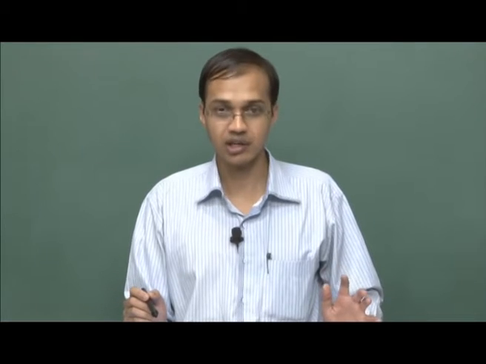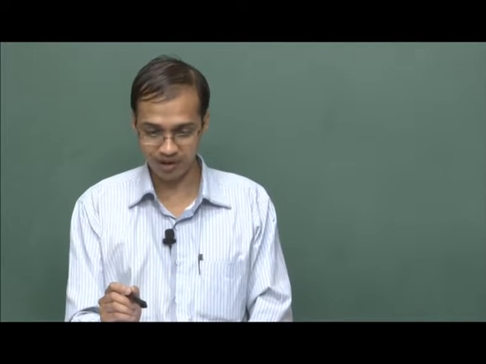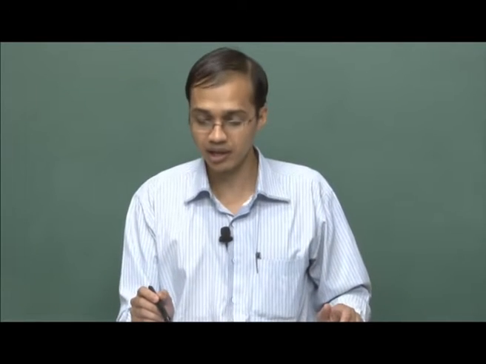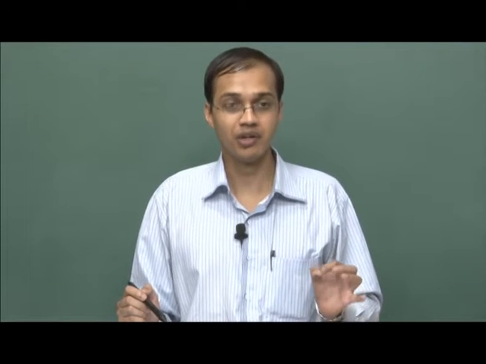You can imagine that by choosing a proper value of theta, we can get different conditions and obtain a lot of information pertaining to within the surface, normal to the surface, or subsurface in grazing incidence geometry. Now this particular point is exploited extensively while doing grazing incidence small angle X-ray scattering.